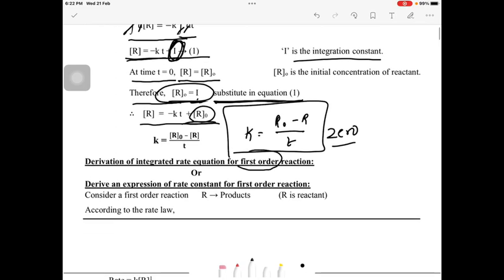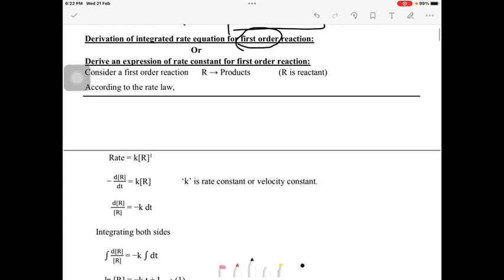Next one, for a first order reaction. Consider a first order reaction, reactant gives rise to product. Here R is the reactant. According to the rate law, rate is equal to k into [R]^1. Here the power is 1 because it is a first order reaction.